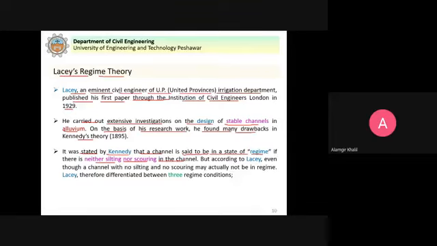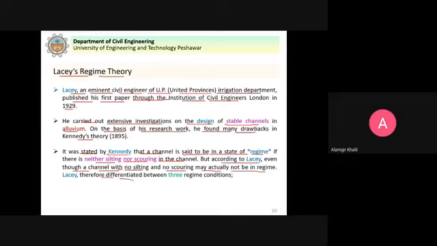So Kennedy said that a channel will be in a regime, that is, a stable channel, if there is non-silting and non-covering in that channel. But according to Lacey, even a channel with no silting and no covering may actually not be in regime.